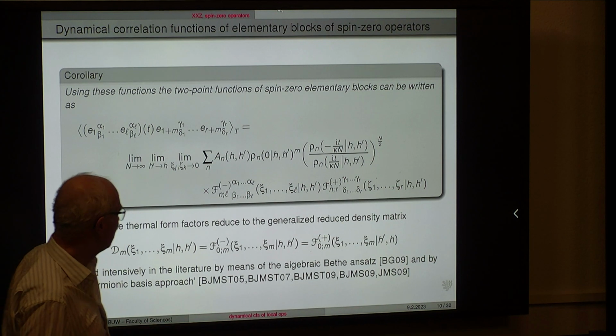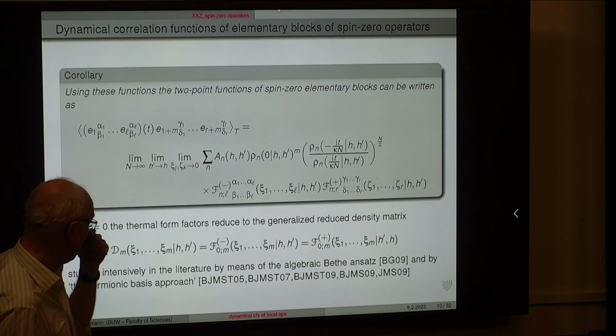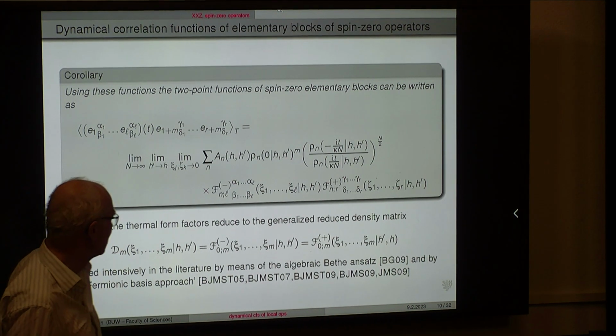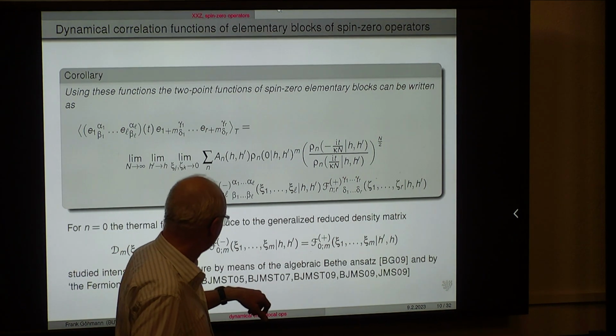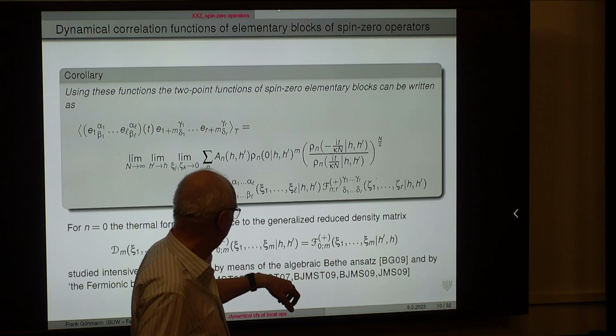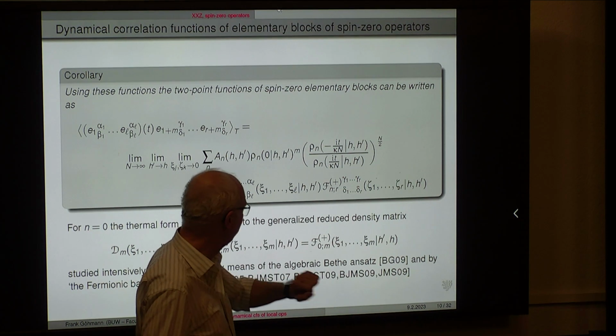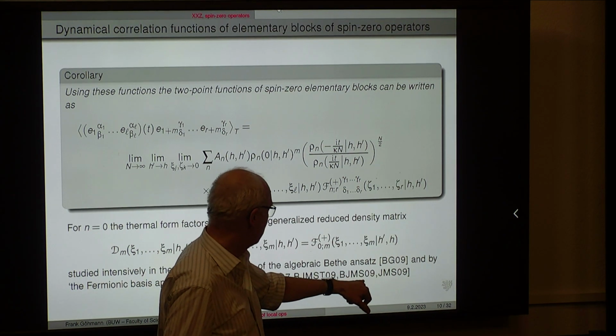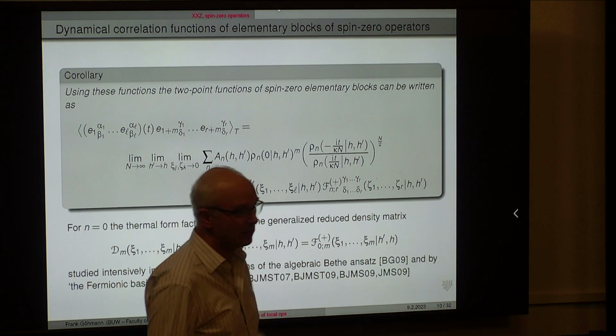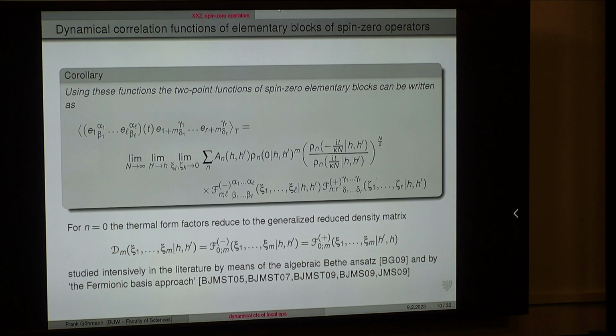Not all of them are listed here, but only those which I considered the milestones. This is where the fermions appeared. This is where the creation operators appeared. This is where the completeness was shown, and this is what we call the JMS theorem, so the nice properties of the creation operators.